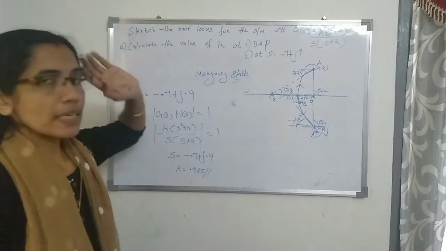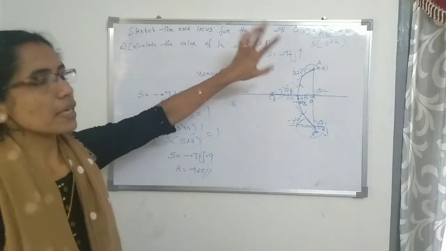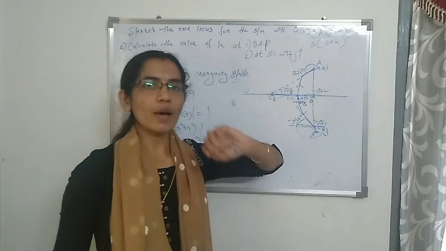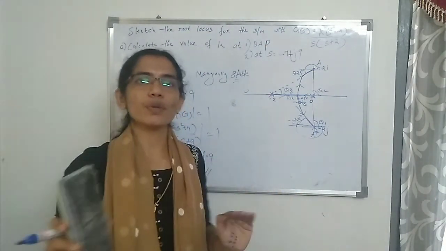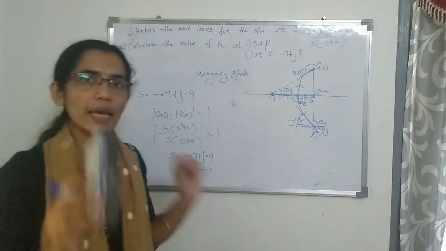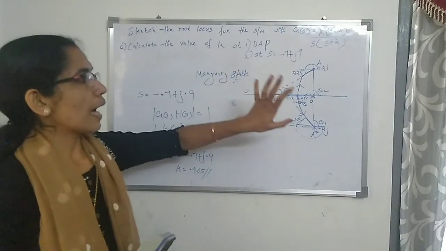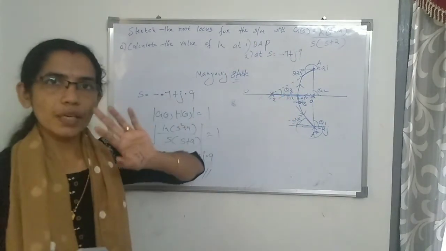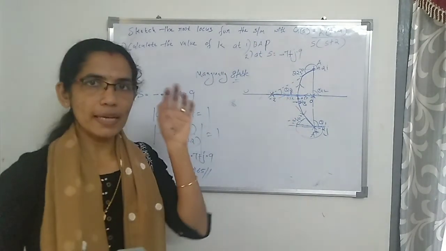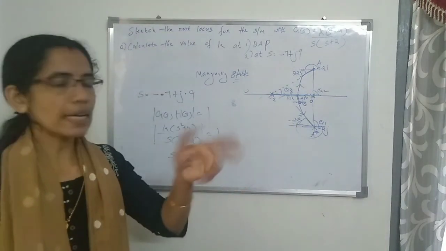And always remember that if the system consists of 2 poles and 2 zeros, that is, if the number of poles is equal to the number of zeros, then there will not be any centroid and angle of asymptotes. Then all the root locus branches start from poles and end at zeros.